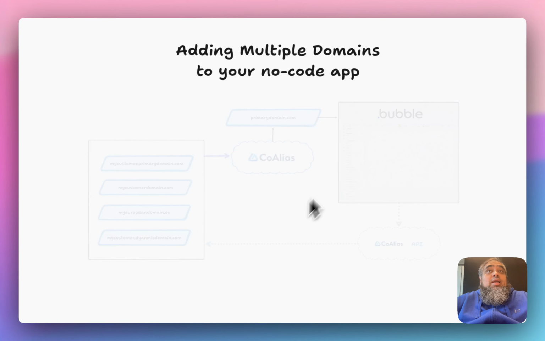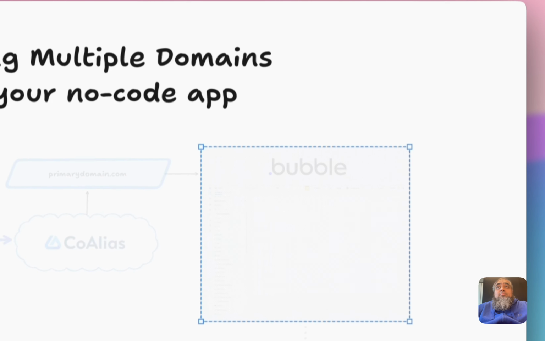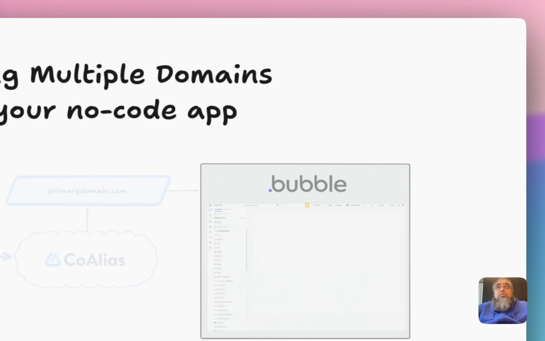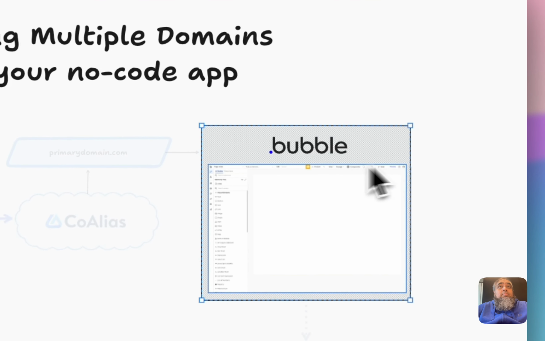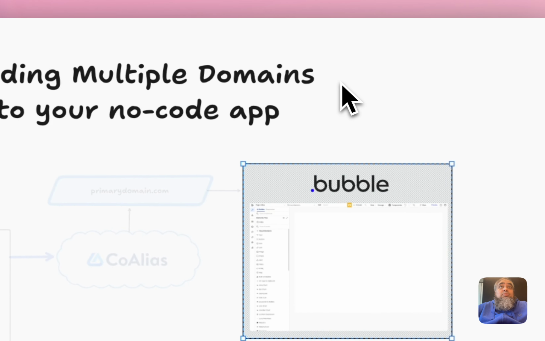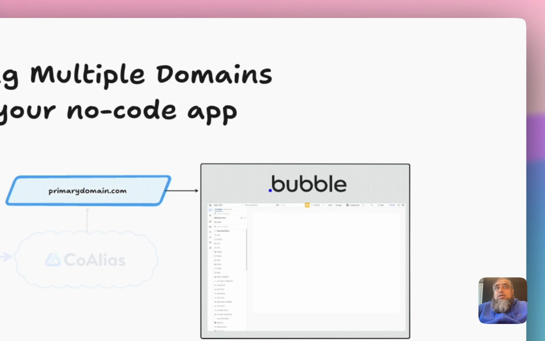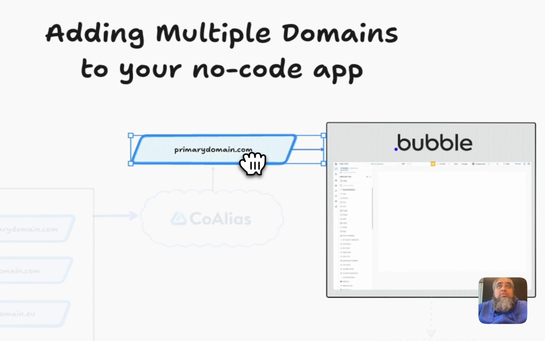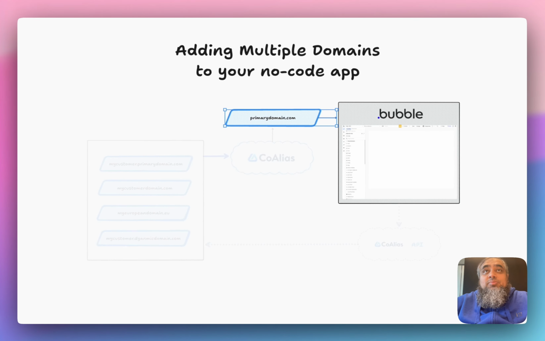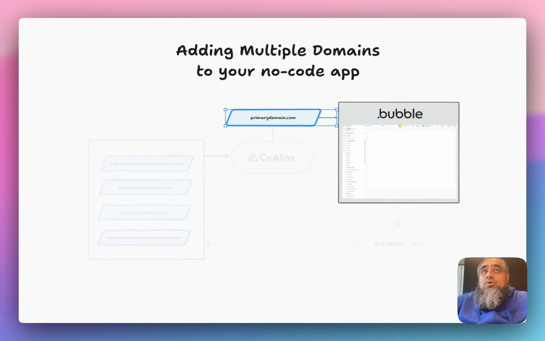So when you have a no-code app, for example, we use a Bubble app, what you normally do is that you connect a domain to that app. So for this example, we'll call that primarydomain.com, but of course that can be any domain, myai.com or .ko.br or whatever domain you would like to connect.